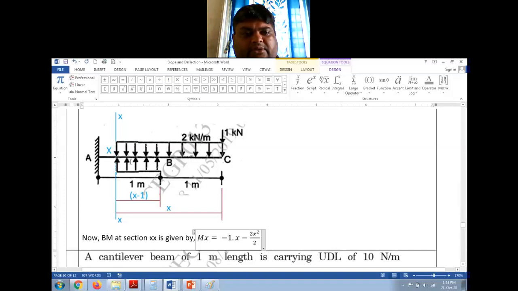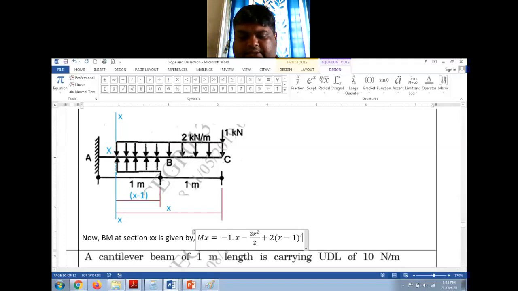Then I have this compensating UDL which I have added. So this will be positive. So plus, the intensity of this is also 2 kilonewton per meter. So it is 2 into (x minus 1) is the length, into (x minus 1) by 2, because the midpoint of this portion is where the force is acting.